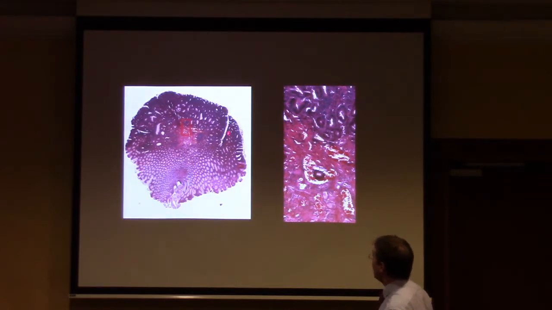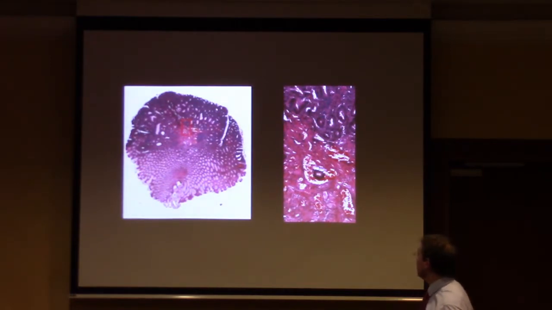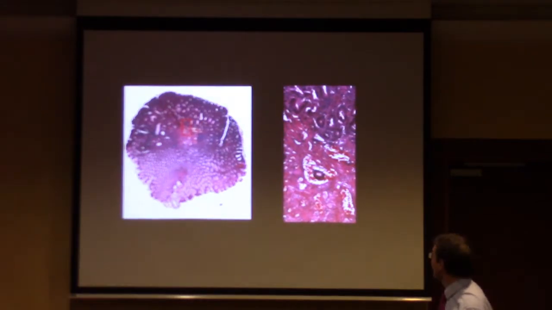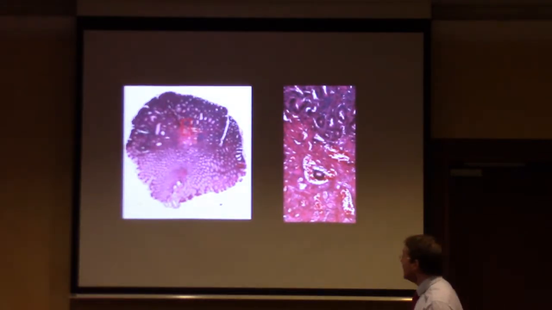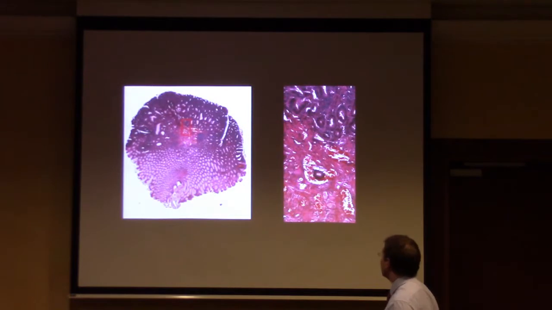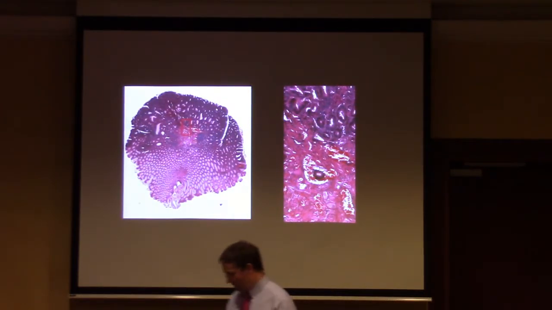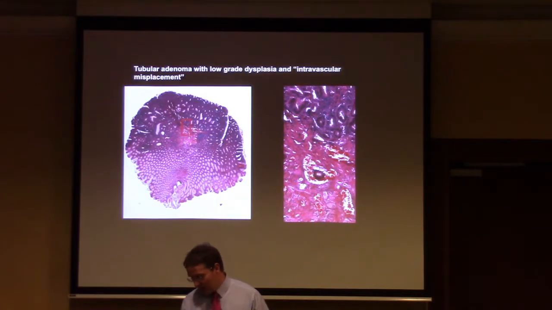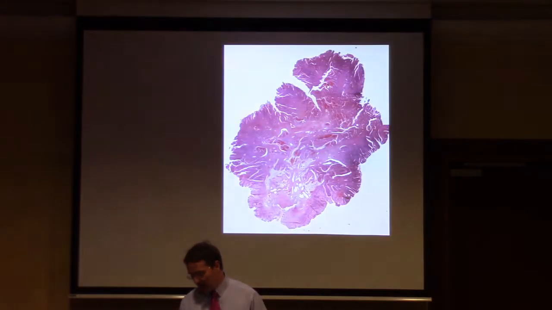Now this is a tubular adenoma. Nobody's going to call this tubular adenoma with venous invasion, but if you had a pT1 cancer in this setting, you just might think, oh, there's a focus of venous invasion, which of course would be a significant trigger to potential surgery. So just be aware that you can get this vascular intrusion that may not be genuine venous invasion, and consideration of other features and cytology and so on is important.